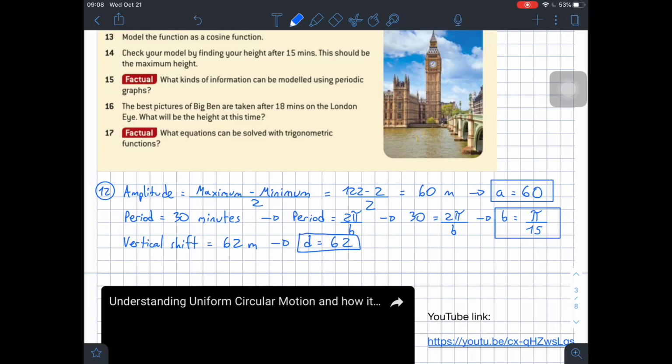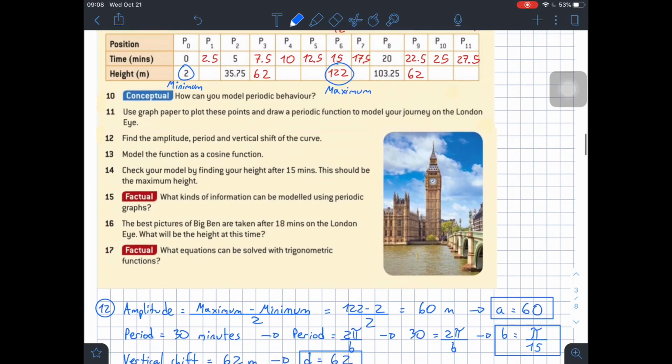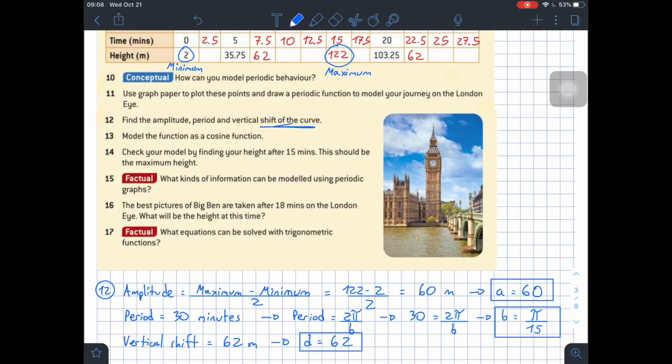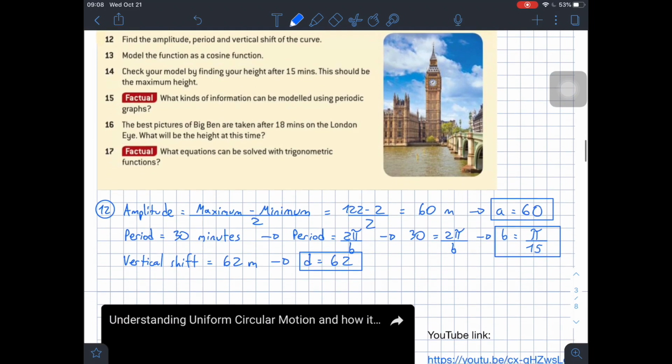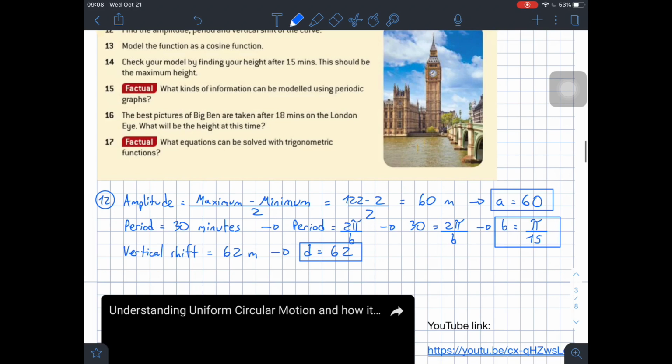Okay. Finally, we need to find the value of C. We don't have any horizontal shift, so the value of C is equal to 0. Okay, I'm going to write this here. Horizontal shift is equal to 0. That means that the value of C is equal to 0.